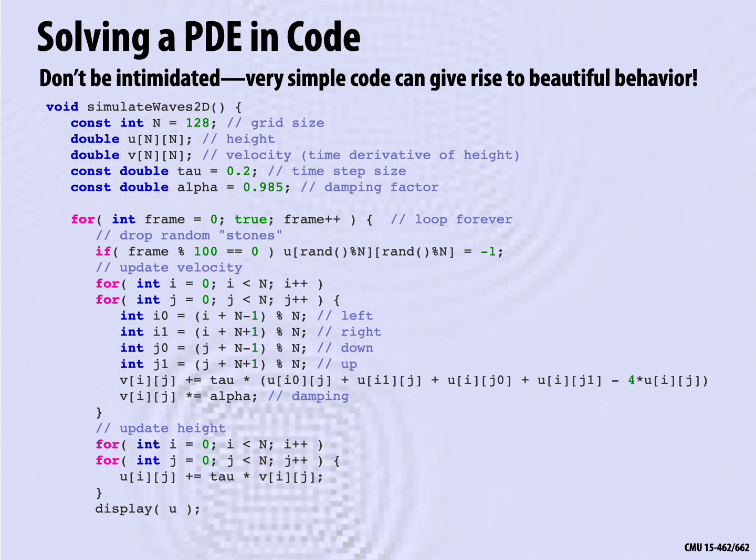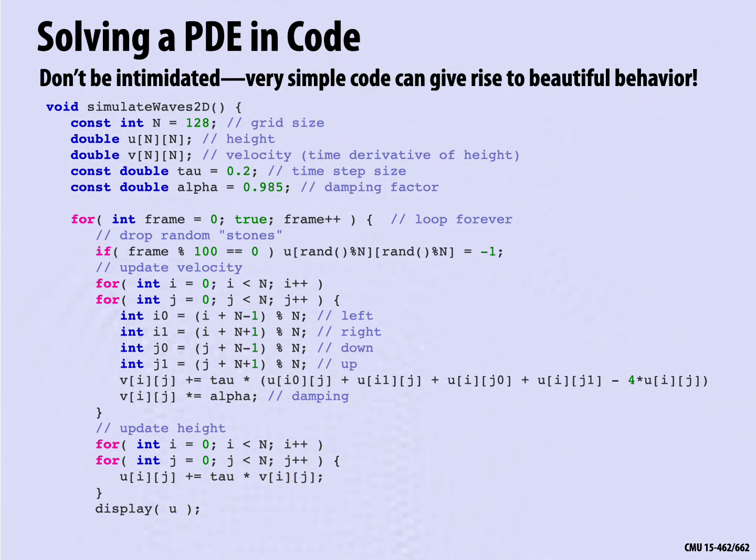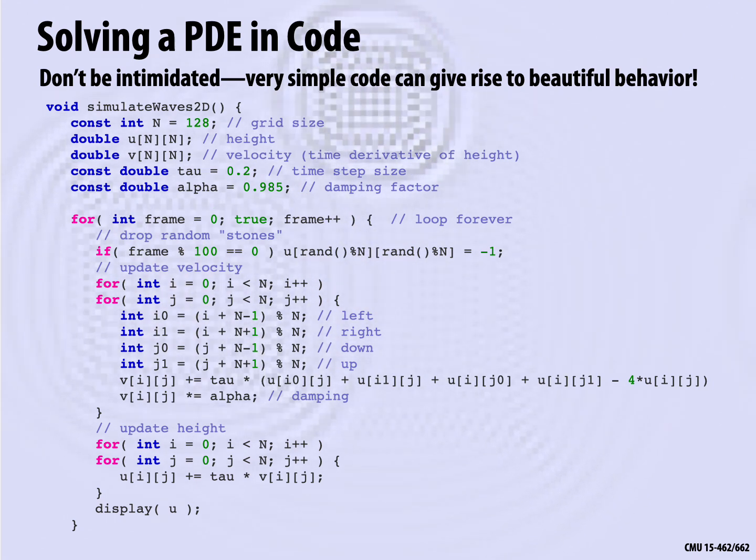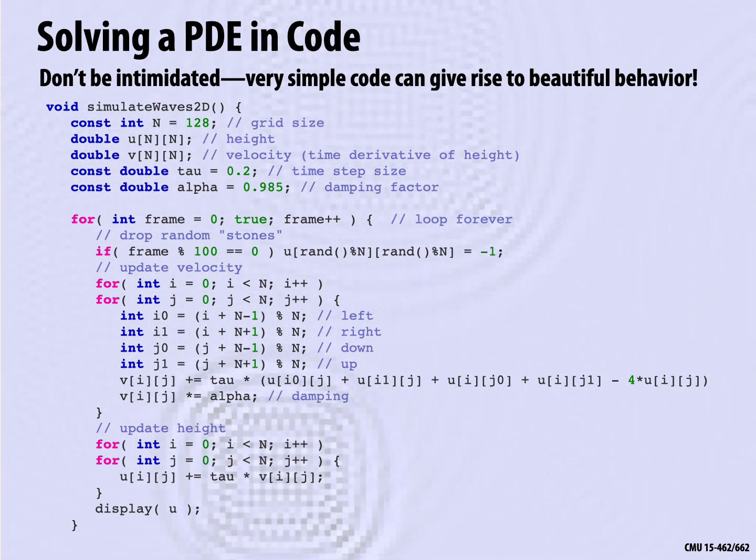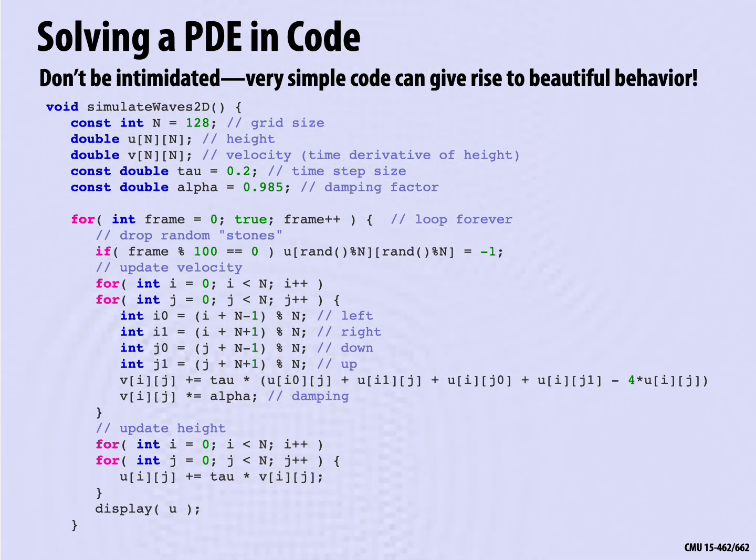I've displayed this as a pixel image. You could also draw it as a height function or something. Okay, so that's it. Pretty simple code and pretty beautiful behavior. And obviously it gets a lot more complicated if you want to do real, interesting graphics. But the basic flavor of the kind of code you write is right here on the screen.